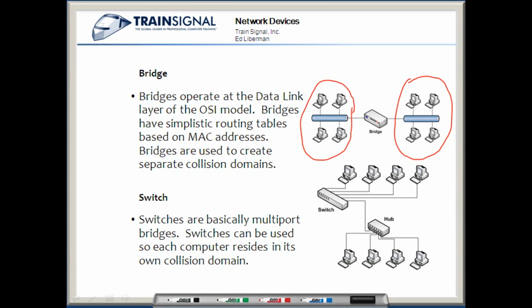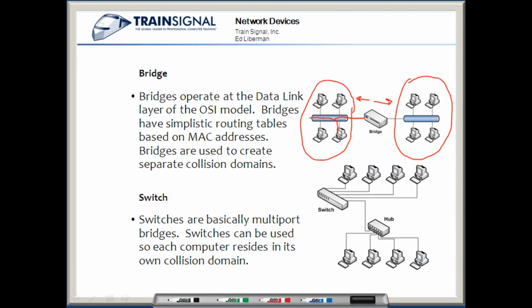Because when a computer sends out a transmission, it goes out along the cable in both directions. And when it gets to the bridge, the bridge is able to look at what, again, is a very simplistic routing table. This would basically be a routing table that says these 4 computers are on this side and these 4 computers are on this side. That's all it knows.